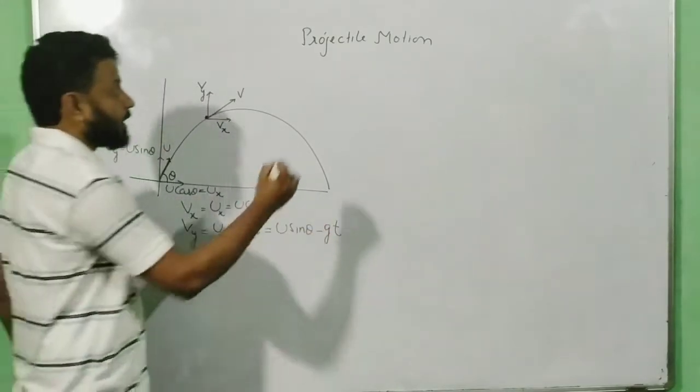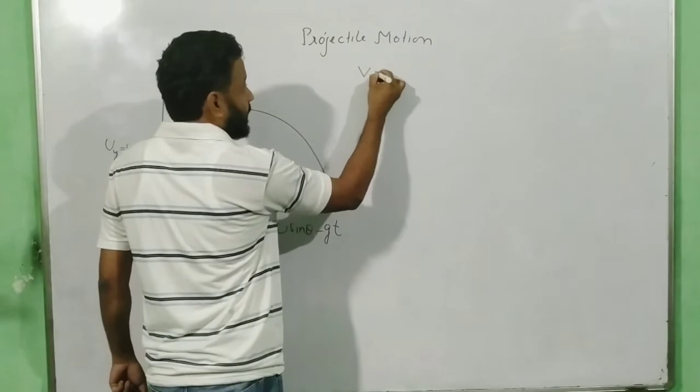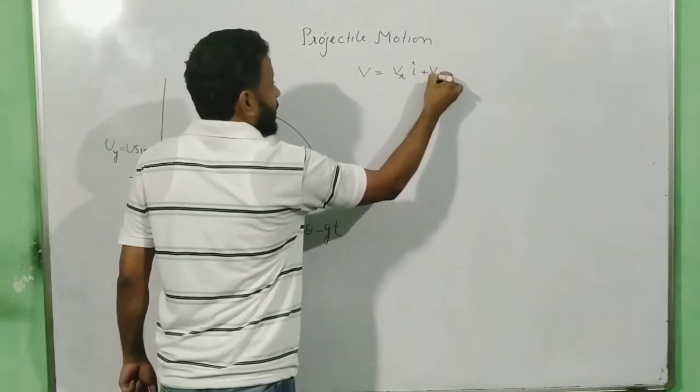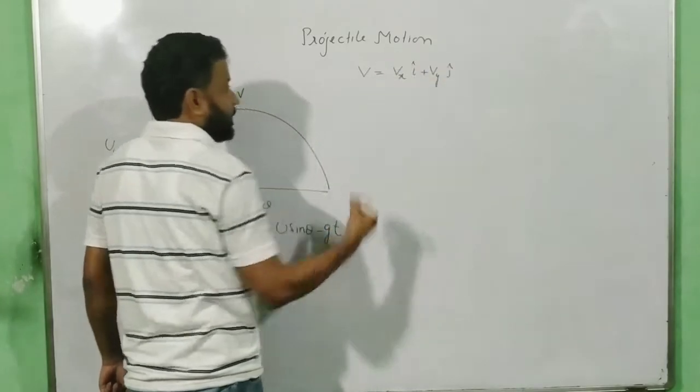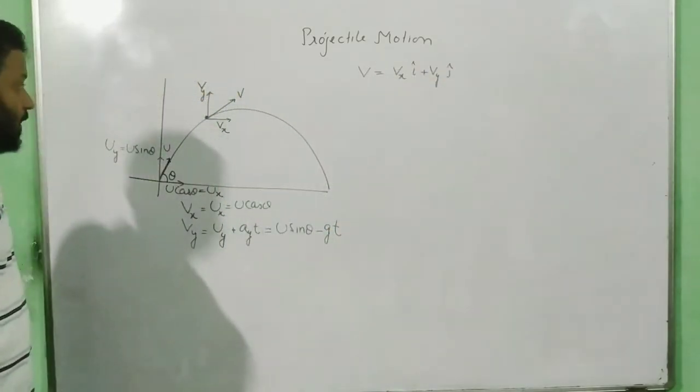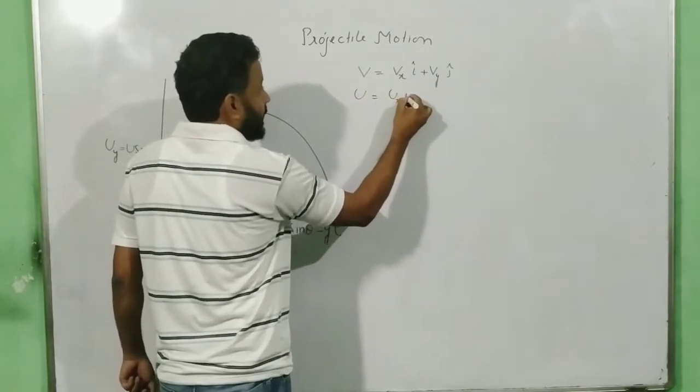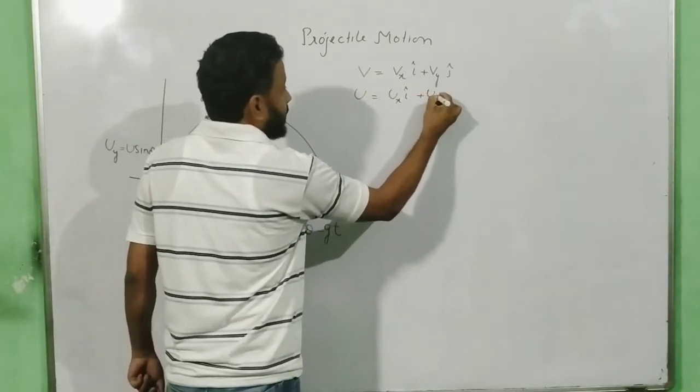Now let's try to write this in vector form. In vector form, I can write v as vx i cap plus vy j cap. Correct? And my initial velocity u was equal to ux i cap plus uy j cap.